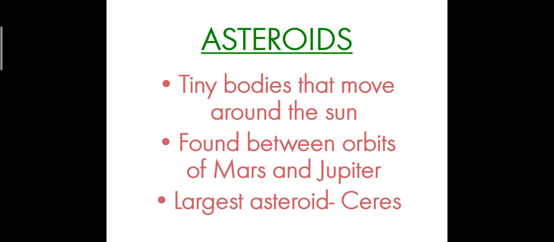And they are found between the orbits of Mars and Jupiter. Small, tiny objects. And the largest asteroid's name is Ceres.